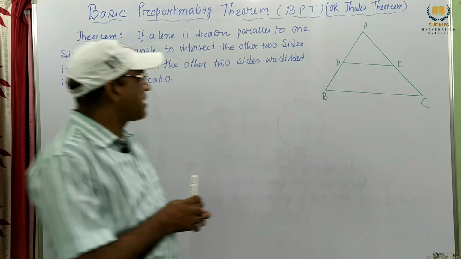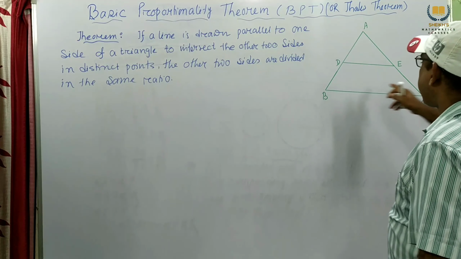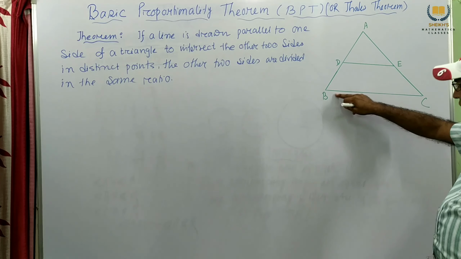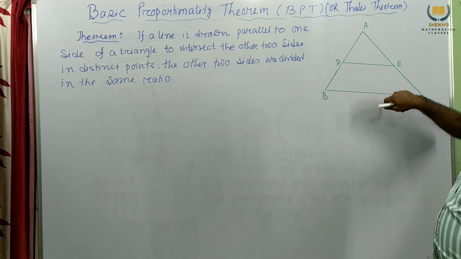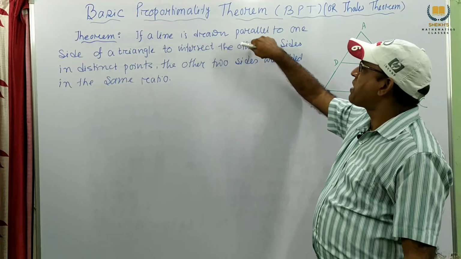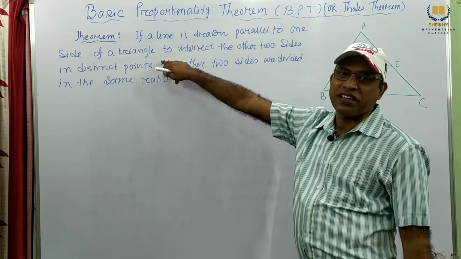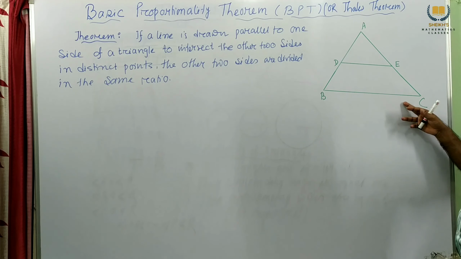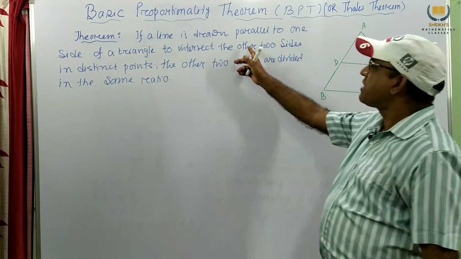So suppose this is the triangle ABC, and this line DE is parallel to BC. If a line is drawn parallel to one side of a triangle, the line DE parallel to BC, intersects the other two sides.